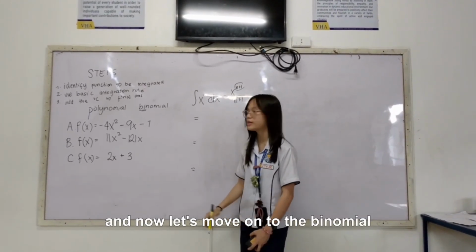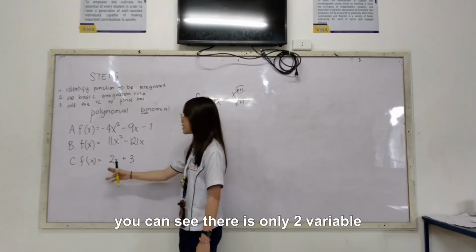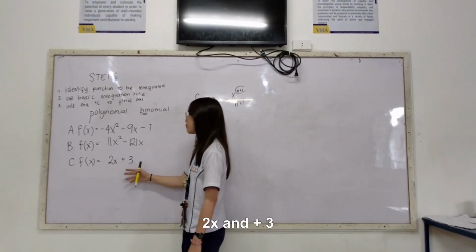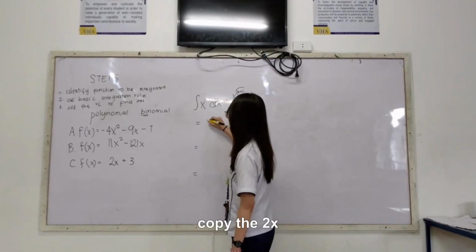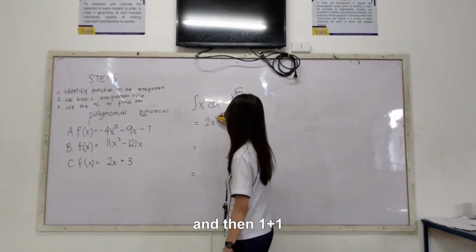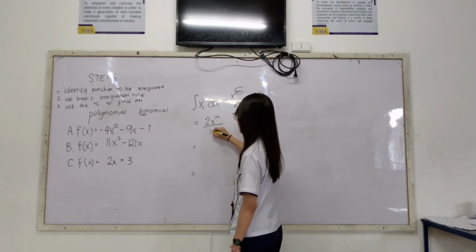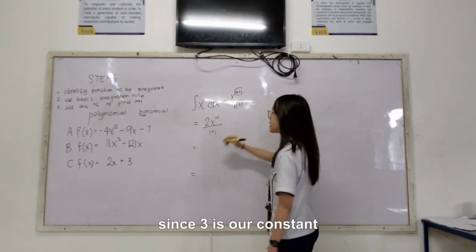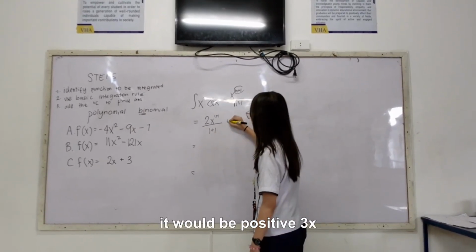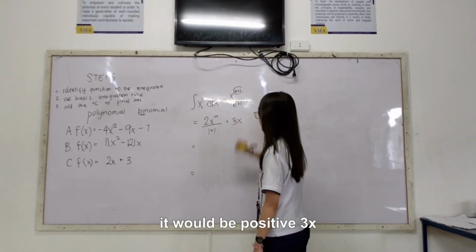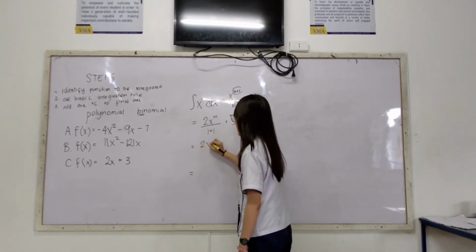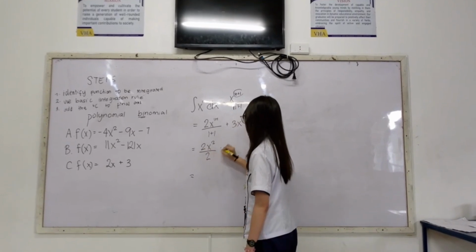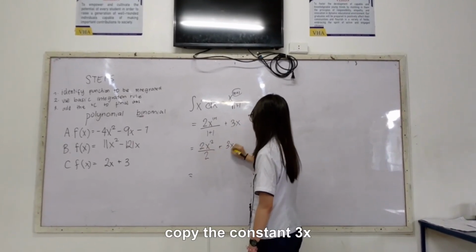And now let's move on to the binomial. Consider this only 2 terms, 2x and plus 3. Copy the 2x, and then 1 plus 1, and 1 plus 1. Since 3 is our constant, it will be positive 3x, like that. And then just add again. Copy the constant 3x.